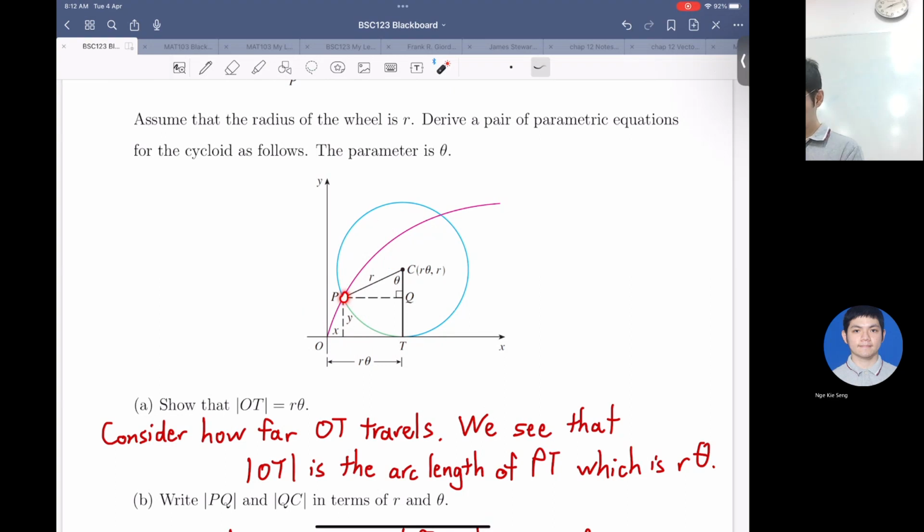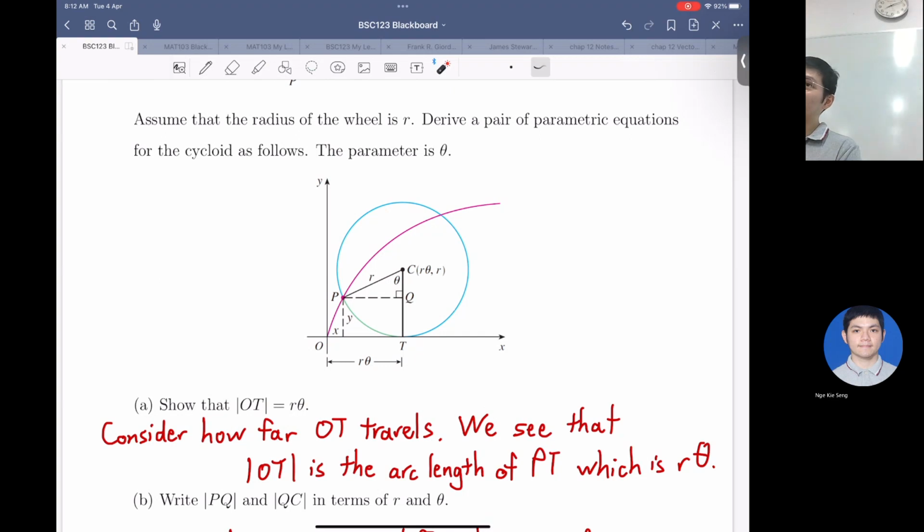You should imagine the wheel is moving. When the wheel moves to T, then this bottom point here will move to P. Then show that the length that the wheel moves forward is actually the same as this arc here.